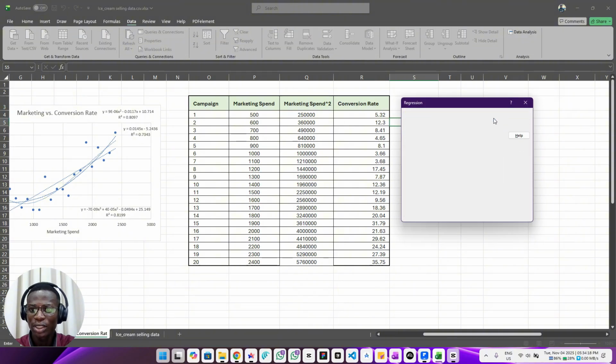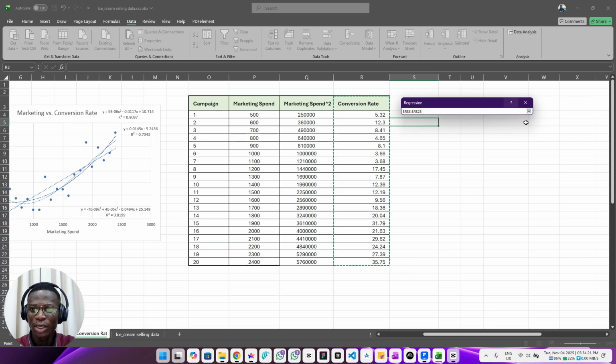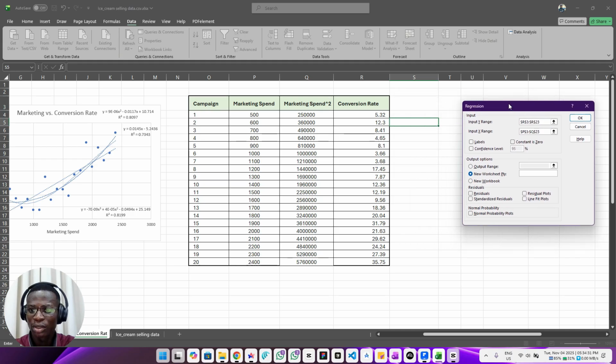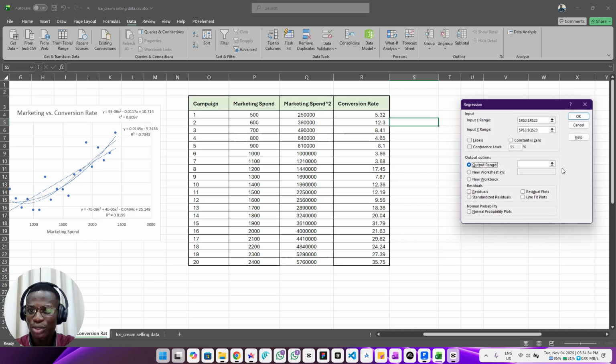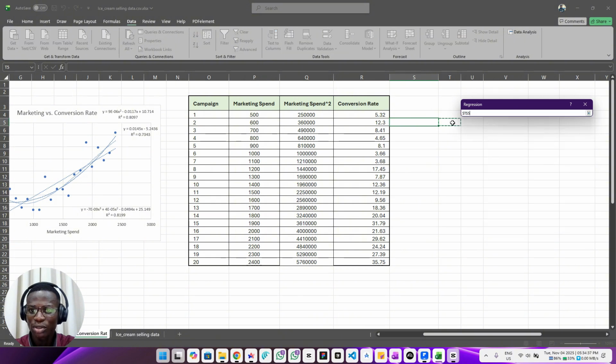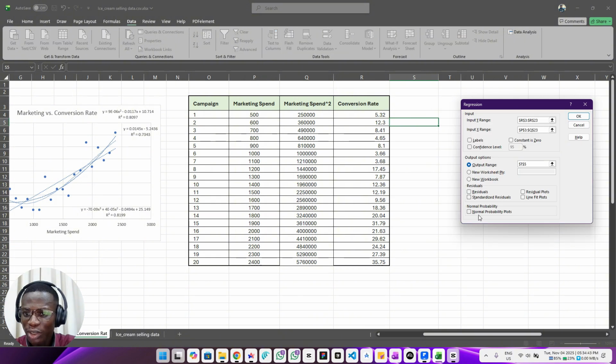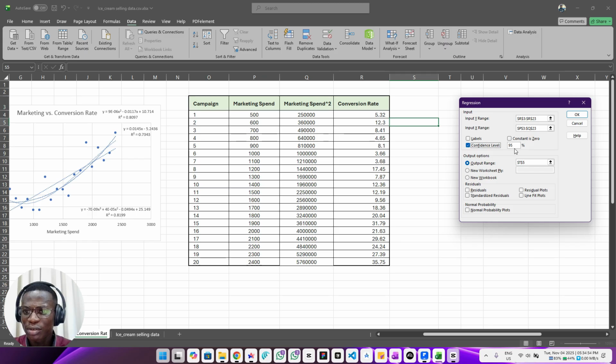Okay, we select our Y input, this is our Y input, our X input, select both of them because we're using polynomial regression, and then our output, I think output can be here, not bad, and normalize probabilities, and we see their plots. Okay, with confidence level, say 95, then let's see.